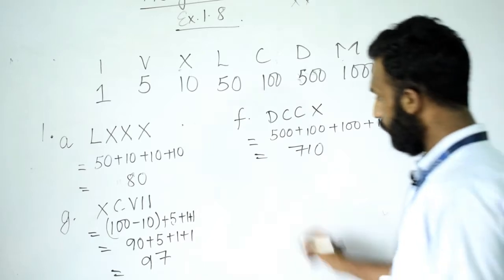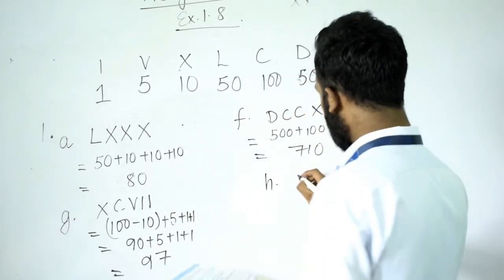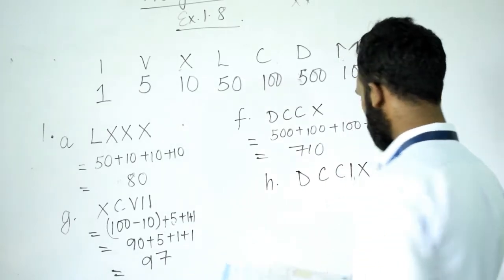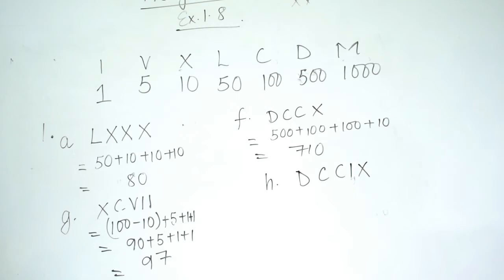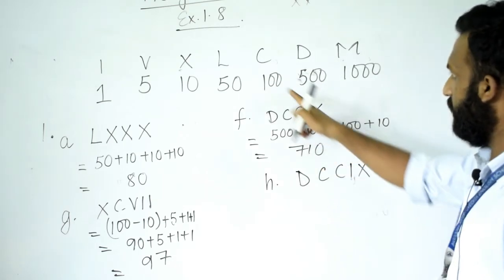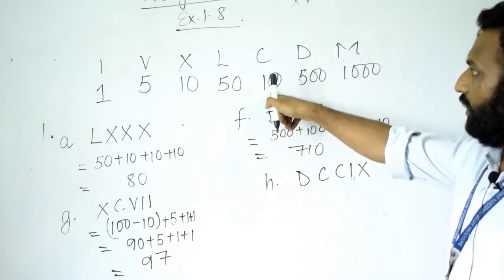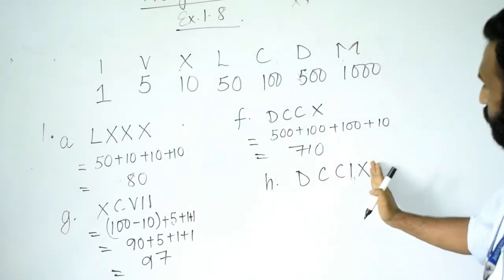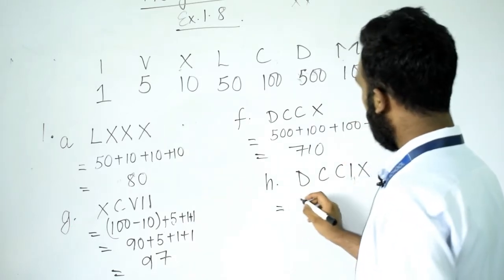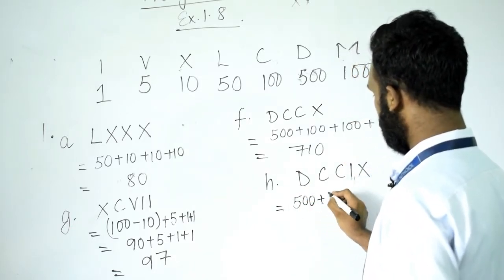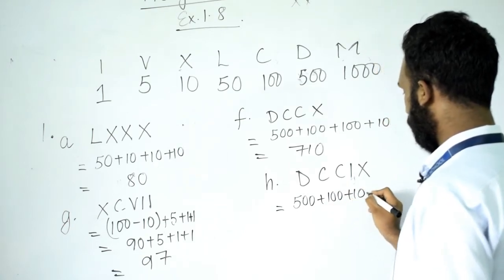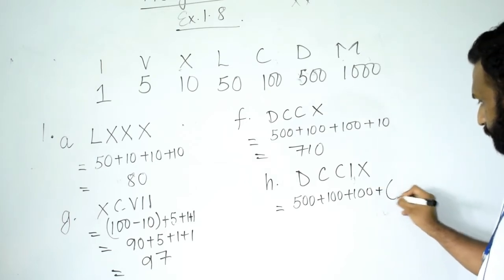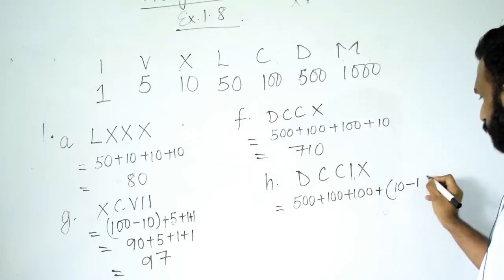So last one, let's do H. D, C, C, I, X. Let's see. D means 500. C means 100, C means 100. I means 1 and X means 10. That means here subtraction has been done before. 500 plus 100 plus 100, they are all after the big symbol, so addition, plus 10 minus 1.